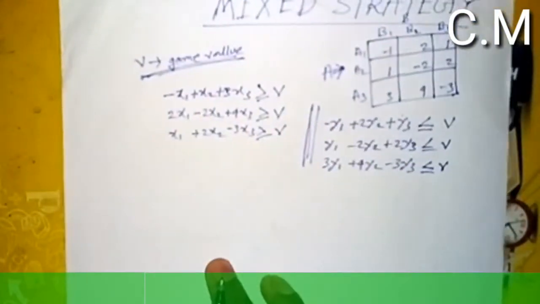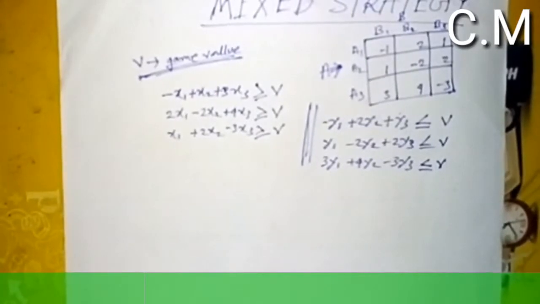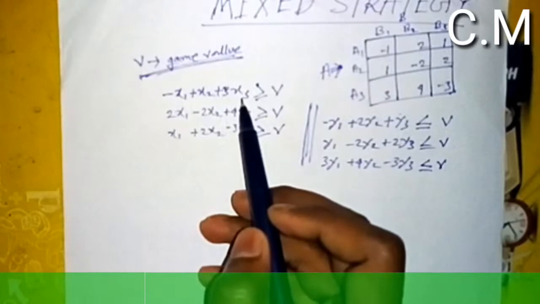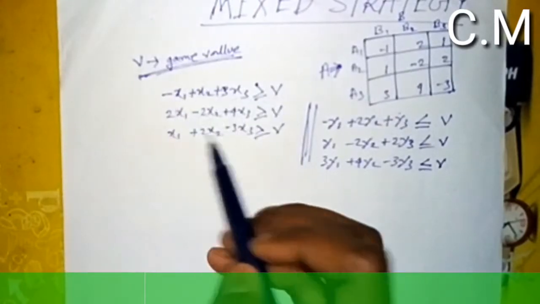Now the second step: we have to find the values of x1, x2, x3 using these three inequations.